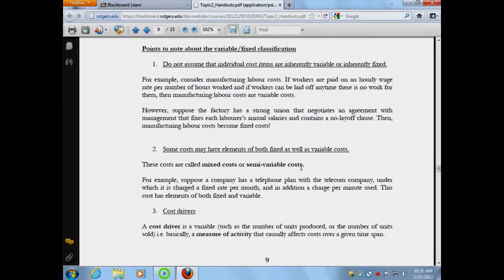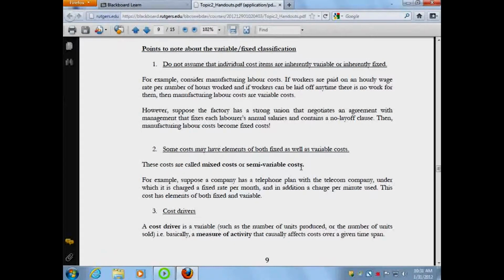Any statements you make about a cost being fixed or about a cost being variable only apply within a certain range of activity. Okay? Always. Because costs over a larger and larger range can change their behavior. Something that behaves as a fixed cost up to a certain range, like here, can change its behavior and start acting like a different kind of cost, like a variable cost after a certain point in its range.